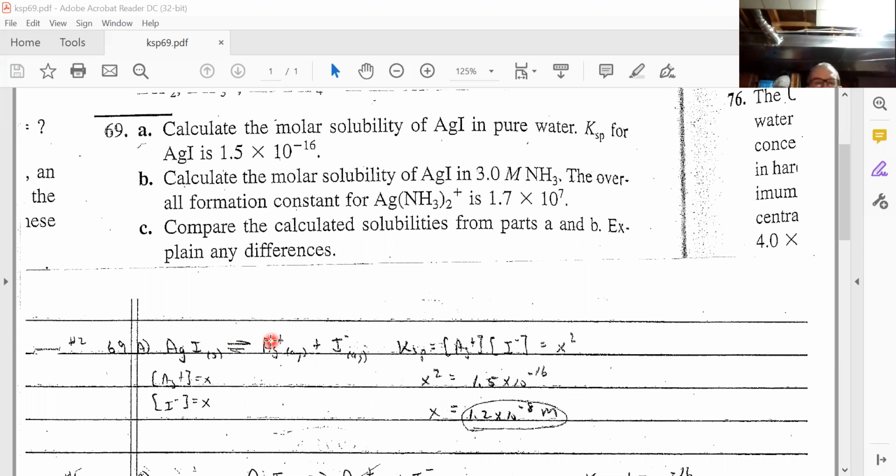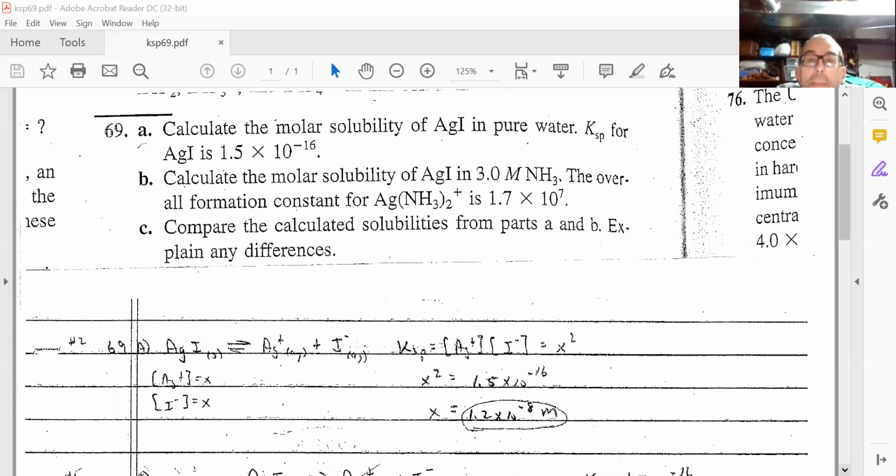So in a way, it's like the common ion effect, except it's the opposite. You're removing a common ion, which drives it to dissolve more, making it more soluble than it was before. Let's take a look at how that works in this situation.